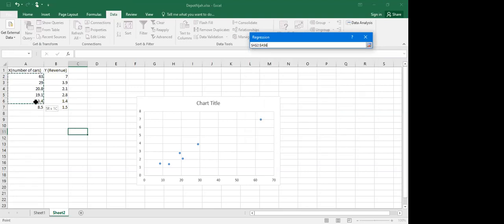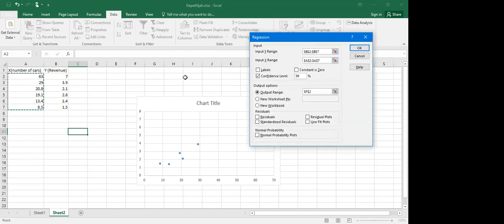I will highlight A2 to A7. So we can choose to have our graph. I will put it here in D3. And we press OK.